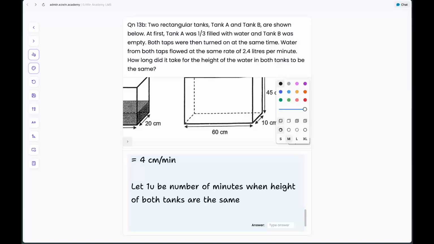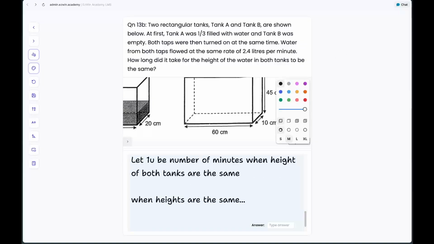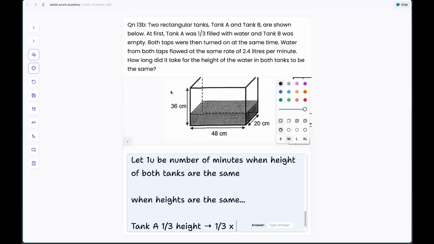So when the heights are the same, that means for tank A over here, right? So tank A, 1/3 height. So what's the height over here? 36. So 1/3 filled, basically 1/3 times 36, it will be 12.